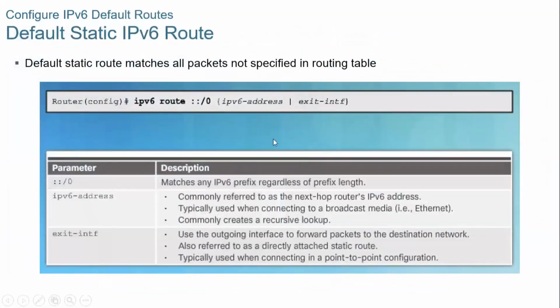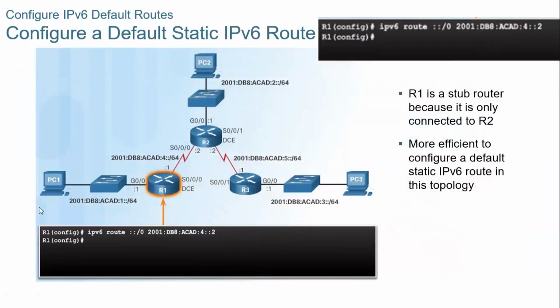For a default route, this is how you write 0.0.0.0 in IP version 4, but this is how we do it in IP version 6: ::/0. It means any prefix and any prefix length. So here, if we see, you have IP version 6 route to anywhere, and this is the exit interface ID.